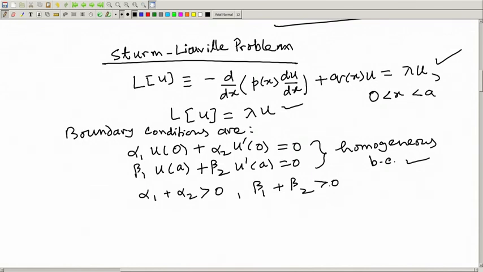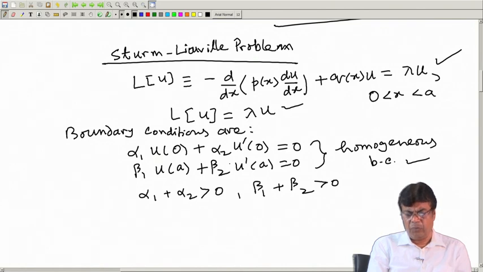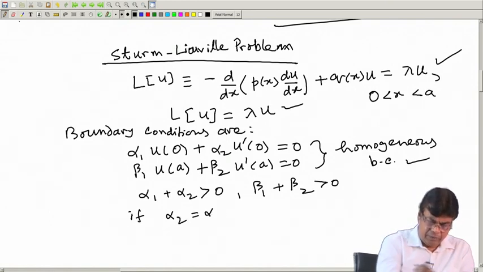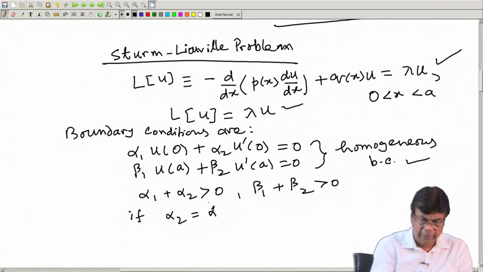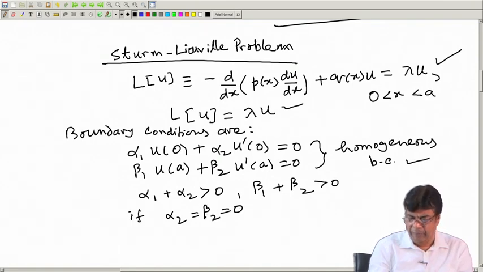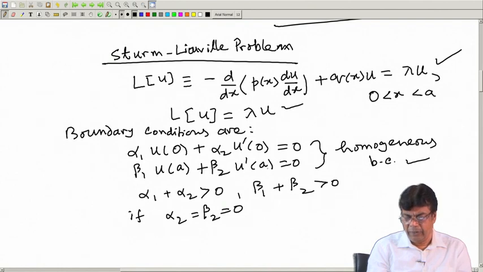If alpha 2 and beta 2 equal 0, that means there is no derivative in the boundary condition, u'(0) or u'(a). So, only you have a prescription for u(0) and u(a).